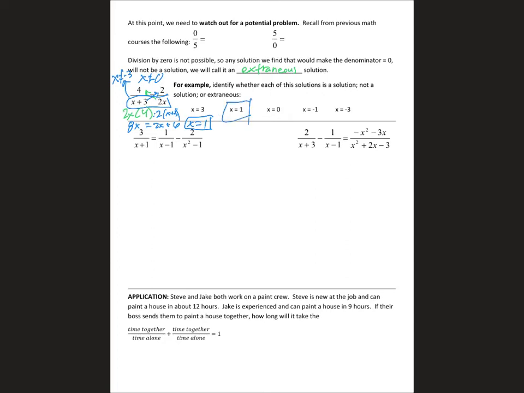Negative 3 is not a solution. Negative 1 is not a solution. 0 is not a solution. And 3 is not a solution. Okay, so none of them are extraneous, and we'll talk about what it means to be an extraneous solution in these examples below.